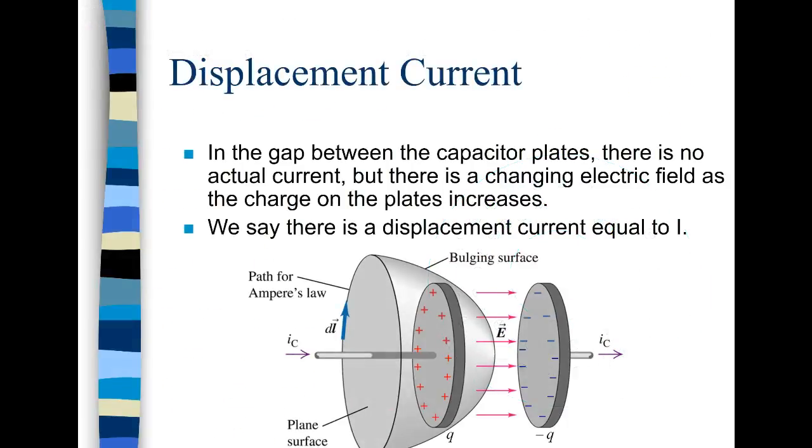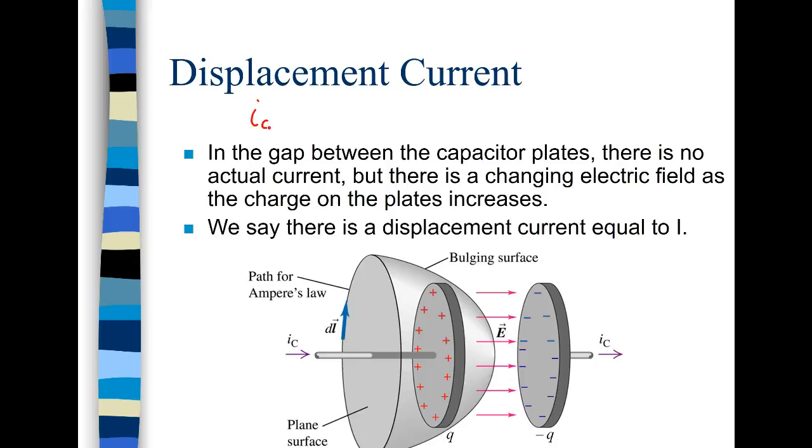Okay, now the last topic that we want to cover is the concept of displacement current. And this is something that came up when Maxwell was writing his equations, and he realized that there was a bit of a problem. So you have to imagine that you have two capacitors, the red and the blue, and you have a current IC that is what's known as a conductor current.